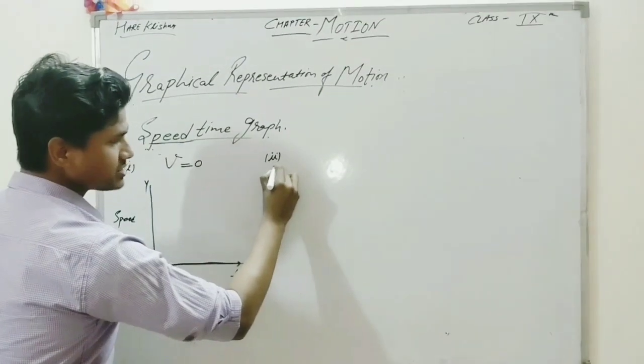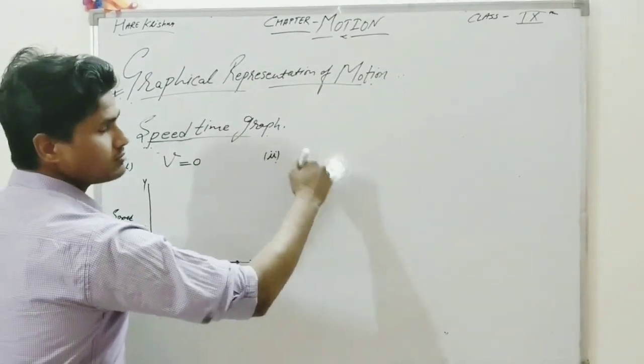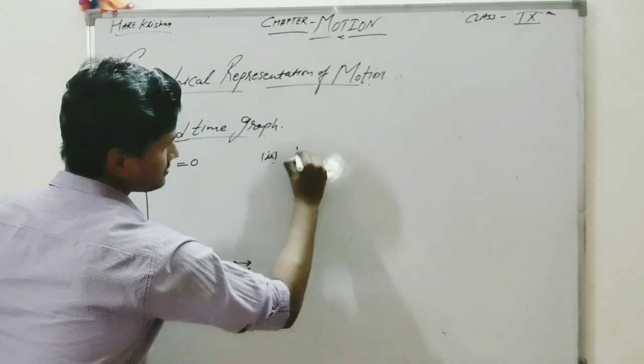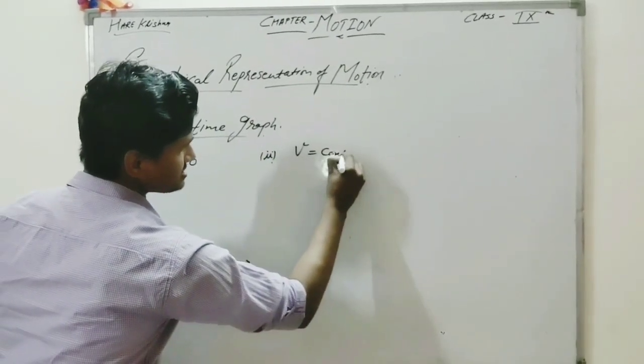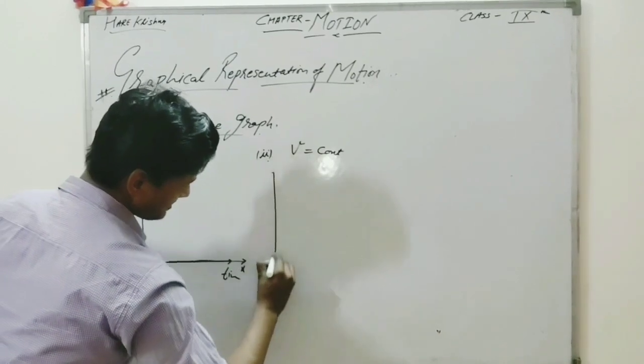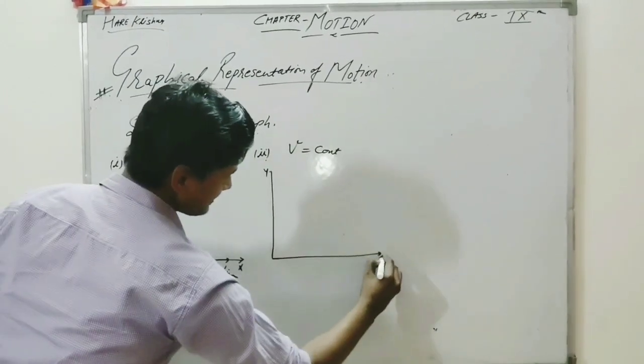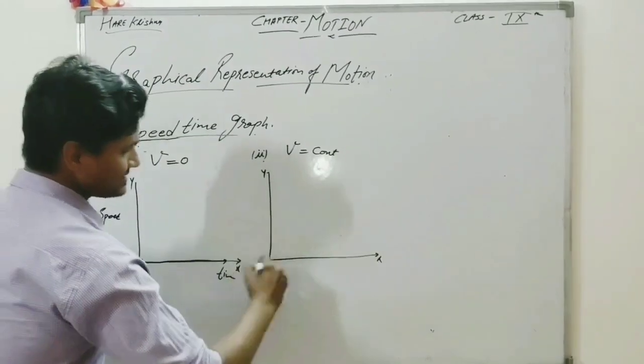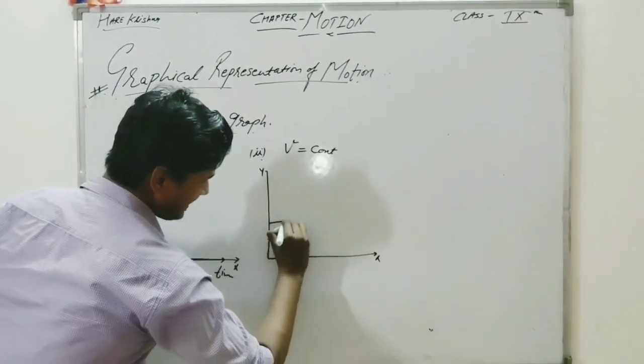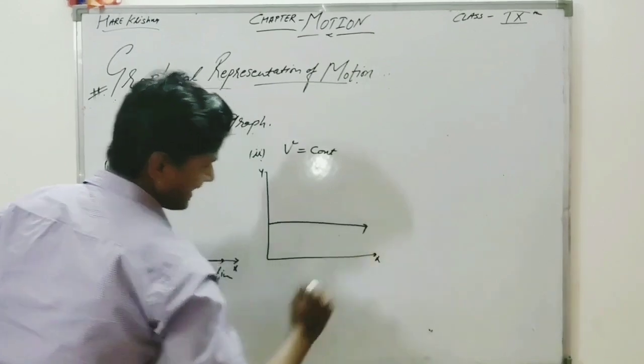In the second condition, when the body is in uniform motion, or we can say the speed is constant, the graph we obtain on the y and x-axis is a line parallel to the x-axis.